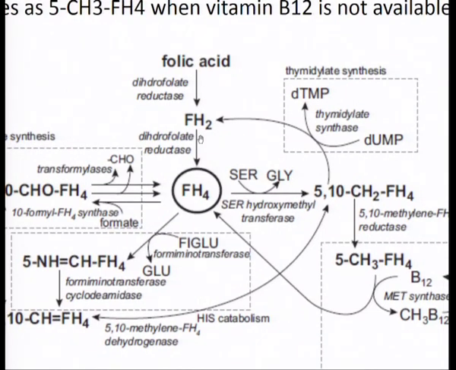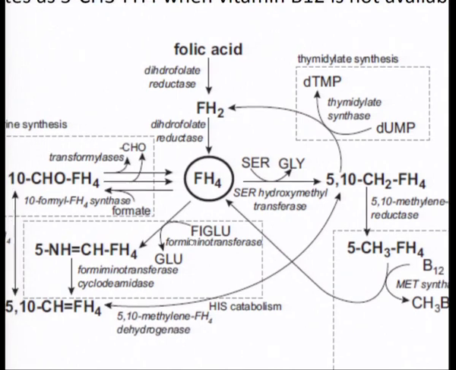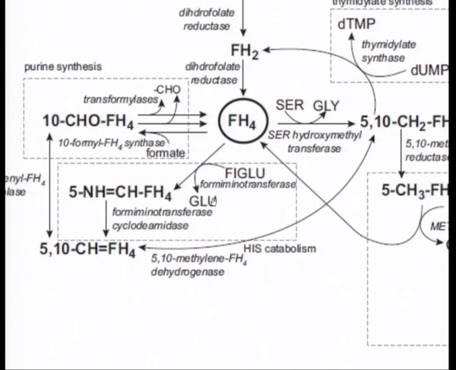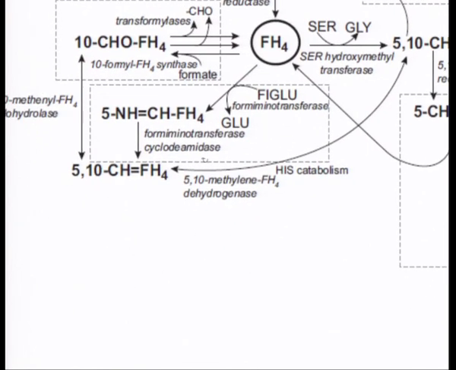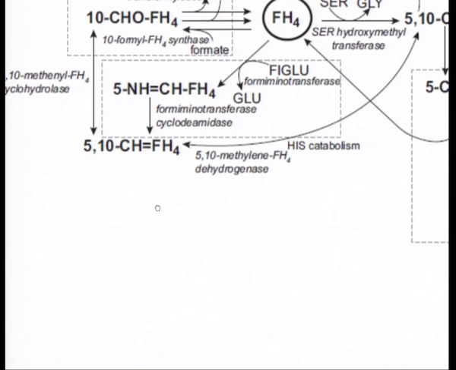This is the pathway we have been seeing till now. Then you have the tetrahydrofolate. In this tetrahydrofolate, you find a formimino transferase, where the compound gets converted to one more activated compound. So, at every stage you have a variation happening.